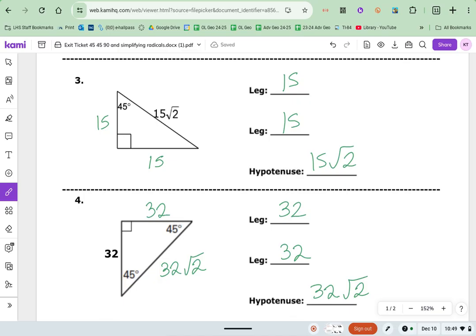No, because the hypotenuse should still be 16. So this is your x root 2 side. So you should have x root 2 equals 6, and then solve for x.